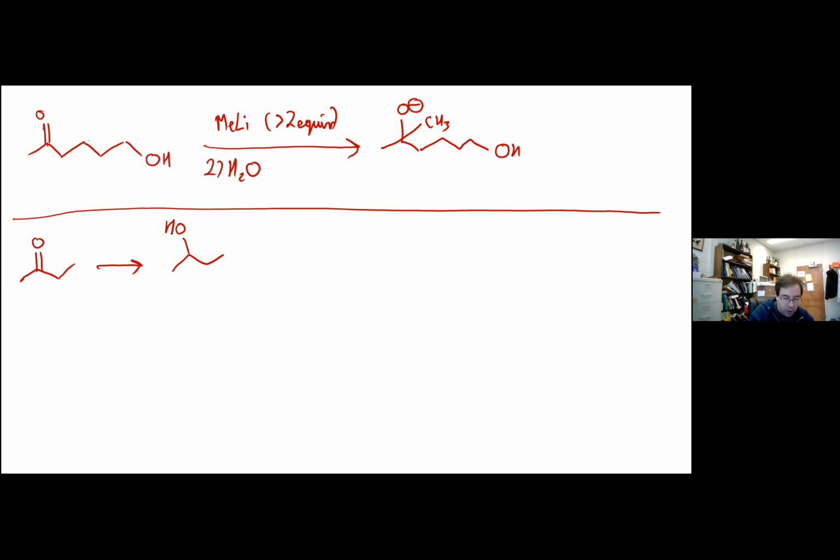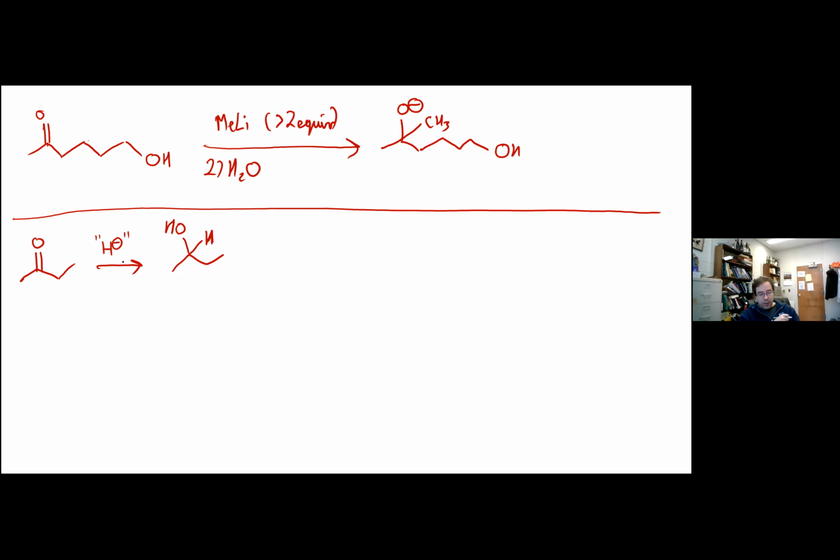Well, the difference between those two molecules is there's now an H here. So what I want to do is add H minus. We added sort of CH3 minus to make these tertiary alcohols all the way above. Now I want to add H minus.